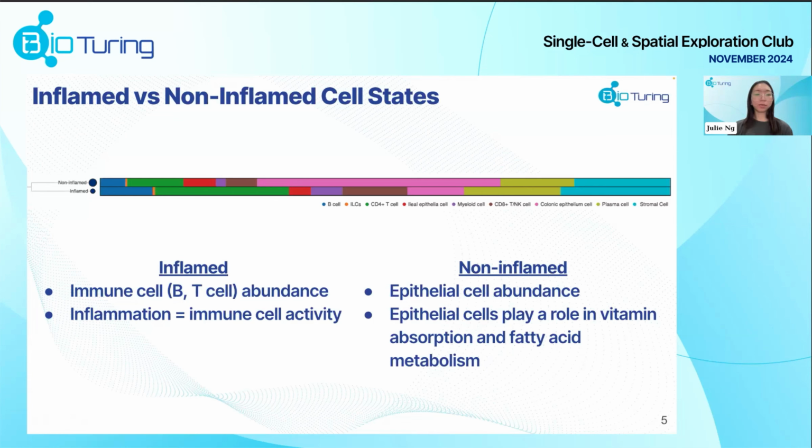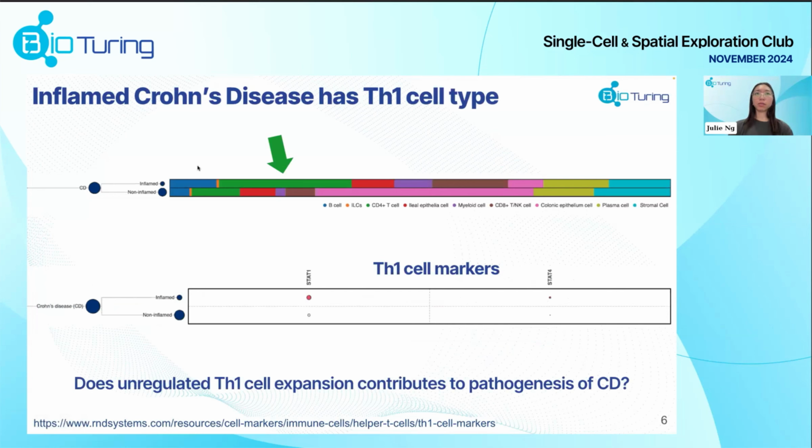All right. So from here, we can investigate the more specific cell composition differences between Crohn's disease and ulcerative colitis. In Crohn's disease, in our inflamed region, I see a larger proportion of CD4 positive T cells. When I look at the highly expressed markers within these cells, I see genes such as STAT1 and STAT4.